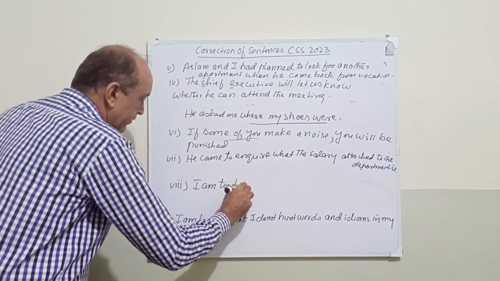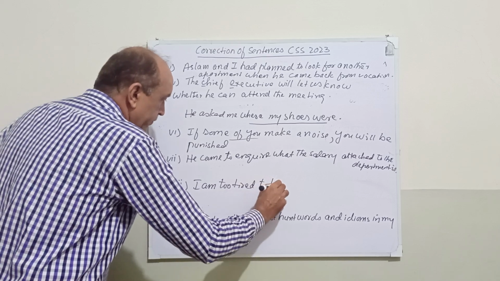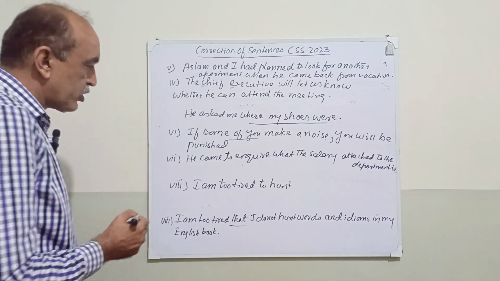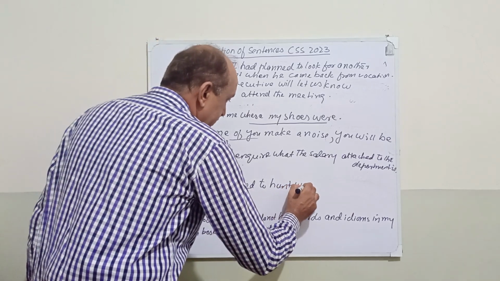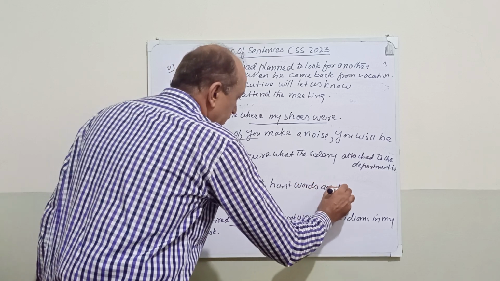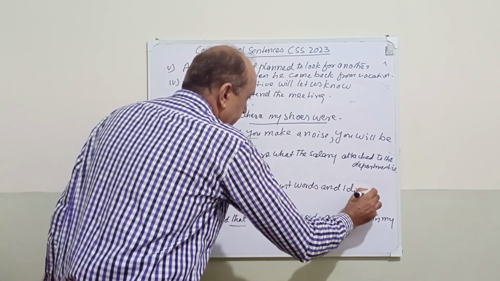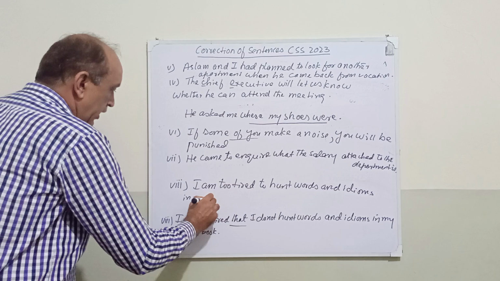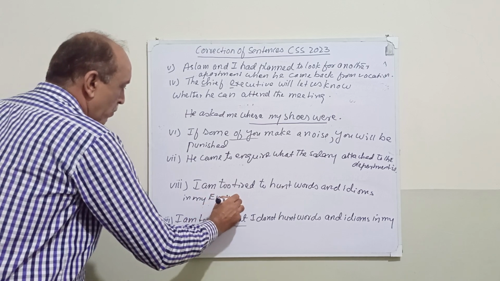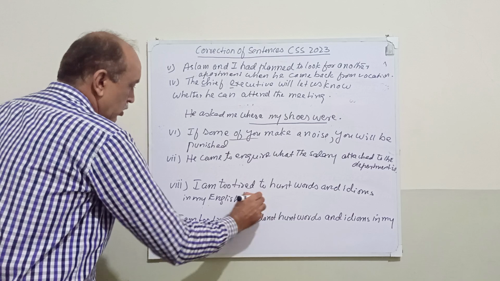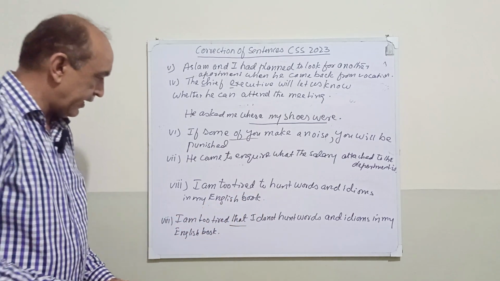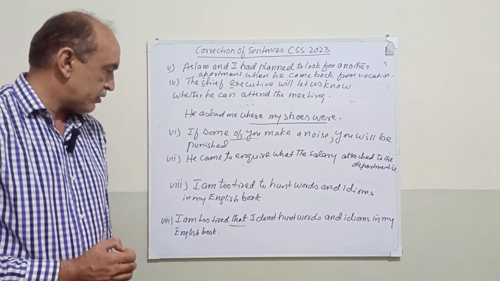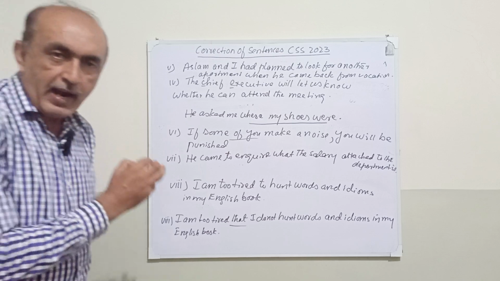I am too tired to hunt words and idioms in my English book. There is no need of writing "that" over here. Now we have just made it correct. You can write this sentence.